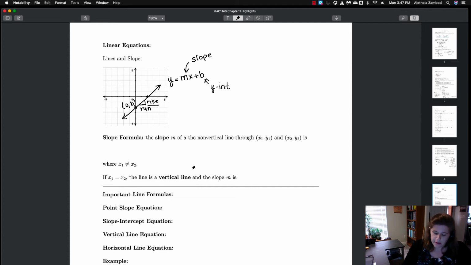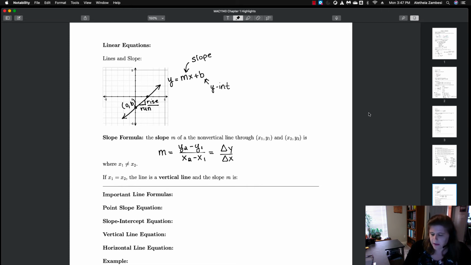Now, as far as the slope formula, if we want to calculate a slope, and we represent that with a small m, the slope of a non-vertical line is y2 minus y1 over x2 minus x1. We sometimes see this listed as delta y over delta x.